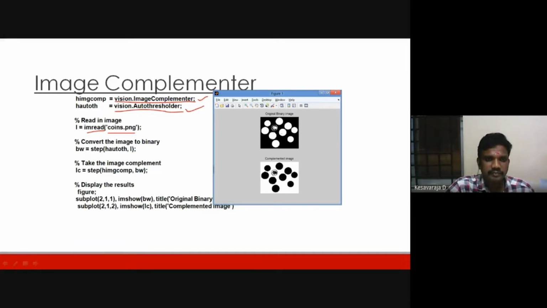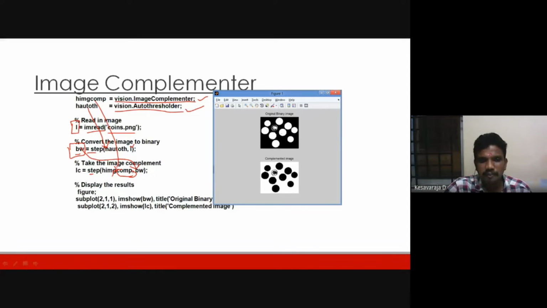I am reading an image with imread and storing the image in an object called I. Then step of the auto thresholder comma image, with the result stored in a binary image, BW. Step of image complementer comma the threshold value, auto thresholder image, complementer image.